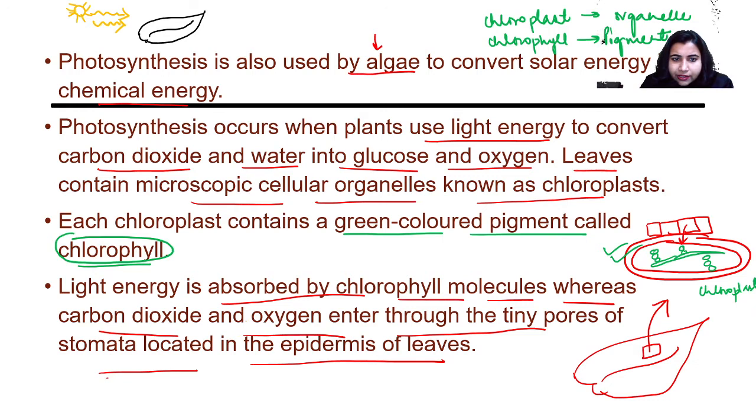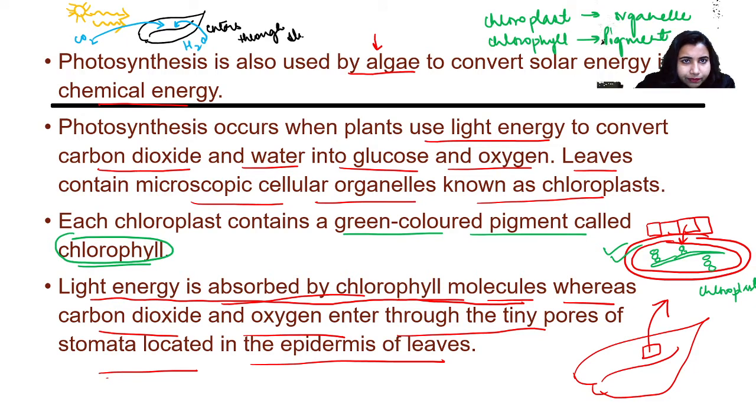See, light energy is absorbed by chlorophyll molecules, whereas carbon dioxide and water, now let's come to carbon dioxide and water. These both enter the leaf through your stomata, right?